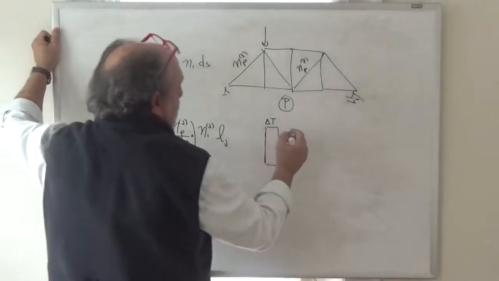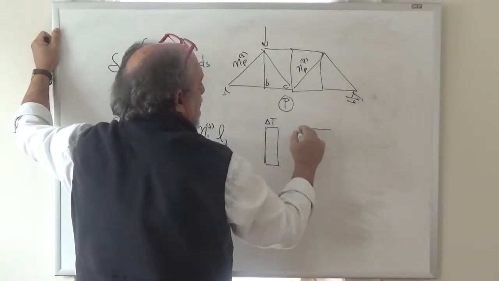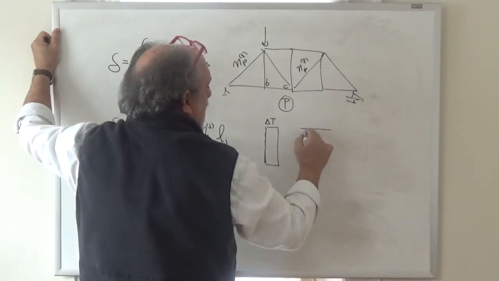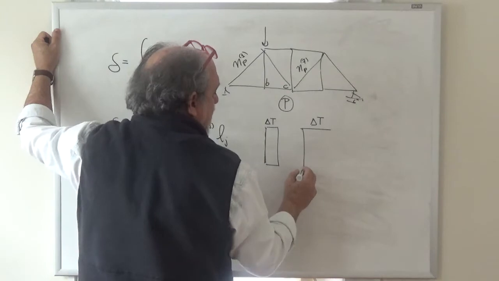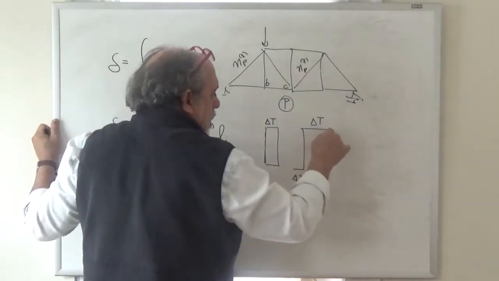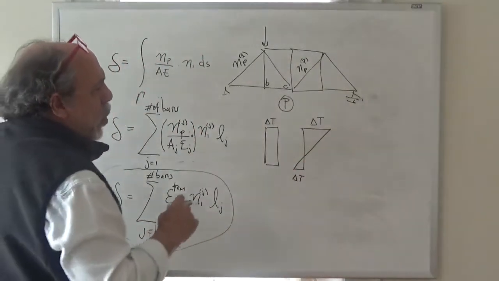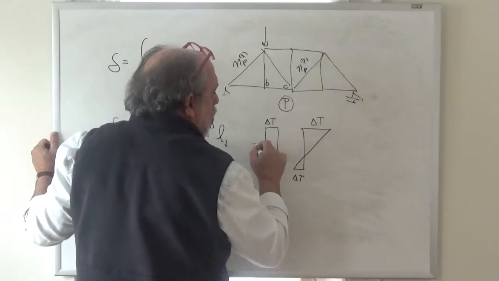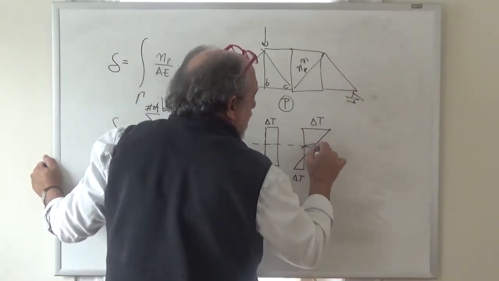The temperature could still be that my bar BC, let's say, had an increase in temperature delta T and a decrease in temperature delta T in the bottom like you did before. True, that may be possible, but the point is that we would only be interested in what is the strain in the neutral axis, in the centroid of the bar.